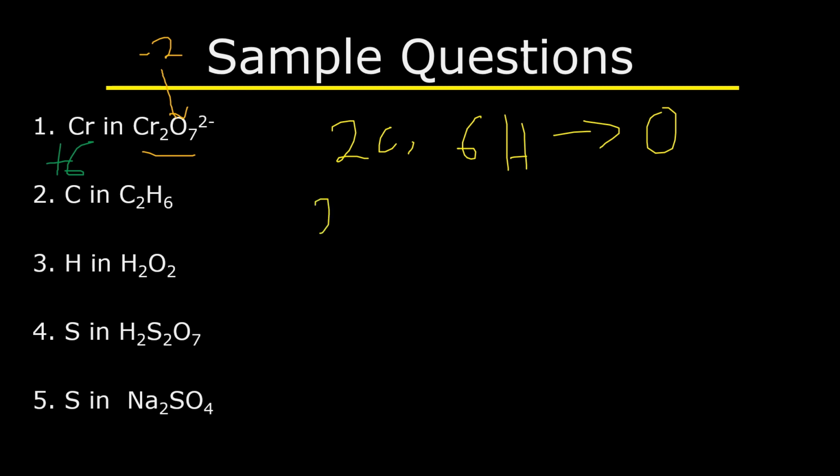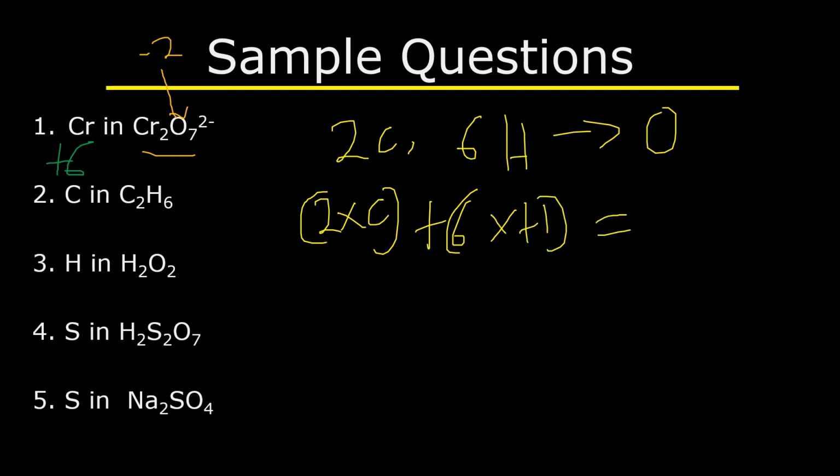So you're going to do 2 times C, C is unknown, plus 6 times, well, what's the oxidation state of hydrogen? Hydrogen usually has a charge of +1, unless it's in a metal hydride, in which case it's -1. But in this case, it's just regular hydrogen, so it's 6 times +1, and all of that equals 0.